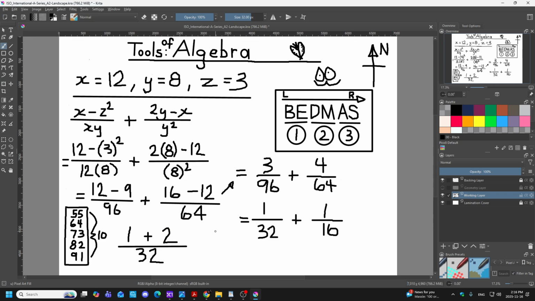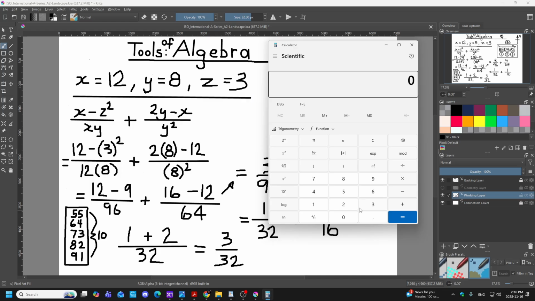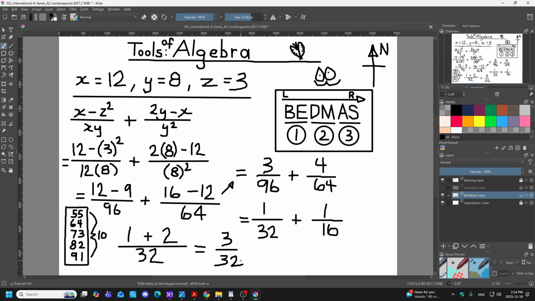Two and 1 is 3. 3 over 32. Yeah, I thought so. It's a decimal. We can't reduce. 3 is a prime number. It's an odd number as well. 3 doesn't go into 32. We cannot reduce. Let me check the answer.